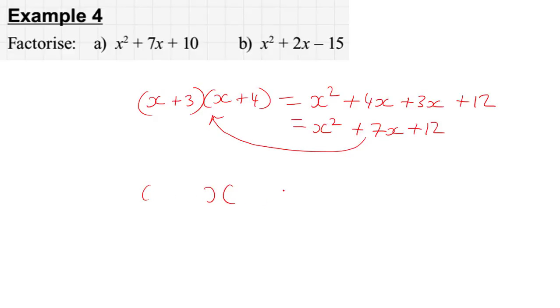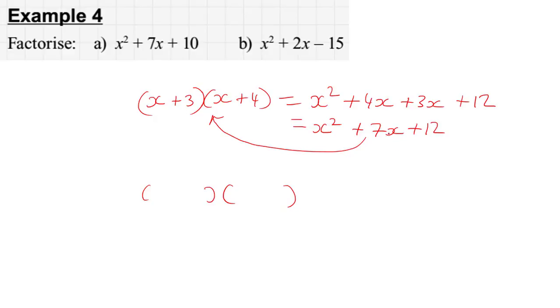Now, what I want you to see quickly is this: the 12 came from timesing this 3 by this 4. So if I want to see what number goes here at the end and here at the end, I will need to think about two numbers that I times to get this 12. And of course, there are so many.